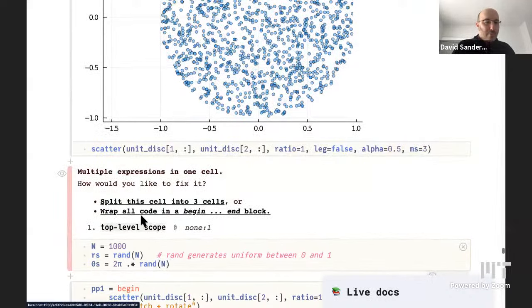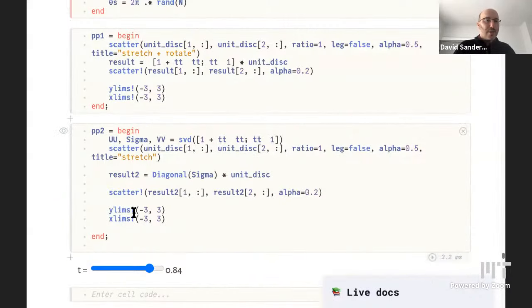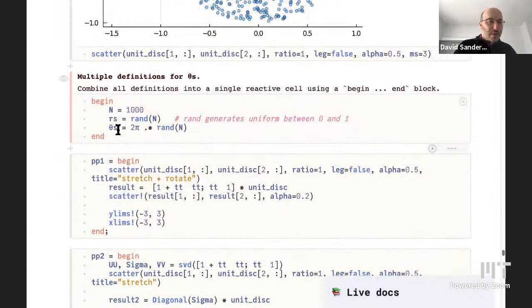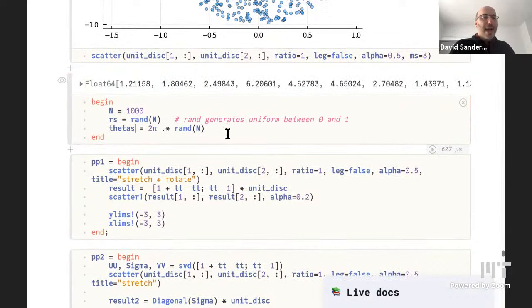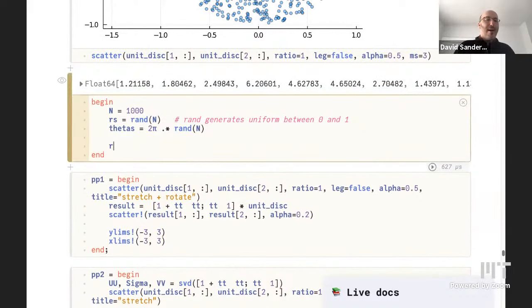And so is that going to work? I've already used the word thetas. Let's call it thetas in words. Okay, and now we want to take r dot times, what do we want to do? Oh, it's not so easy as I thought.